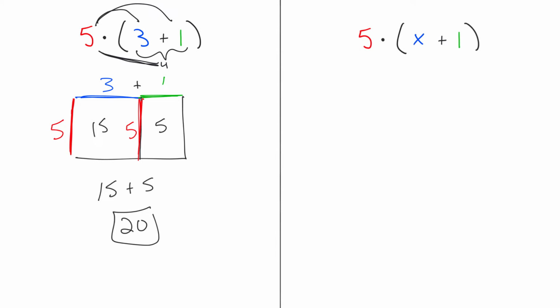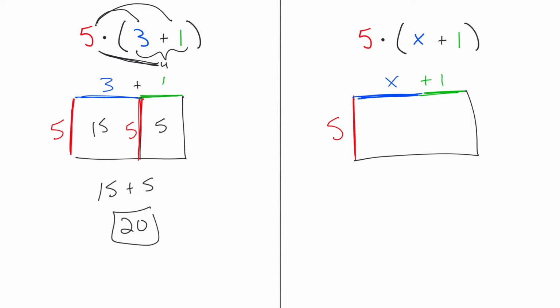What happens when there's a variable thrown in? It's the same thing. I have a height of 5. I now have a width that I don't know, which is x, and a width that I do know, which is 1. Now in this problem, I don't have 2 options to pick from.